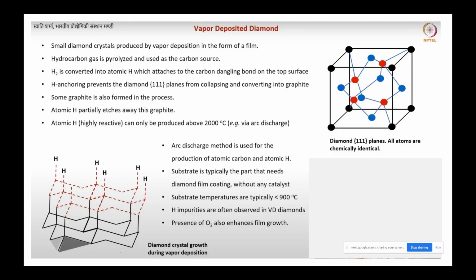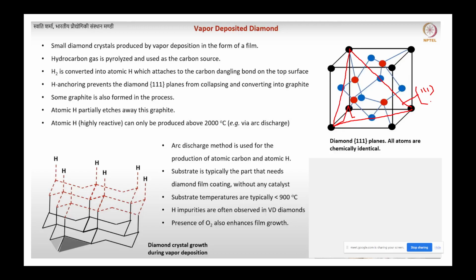If you know the basics, I think this could be your 1-1-1 plane. All atoms are chemically identical.